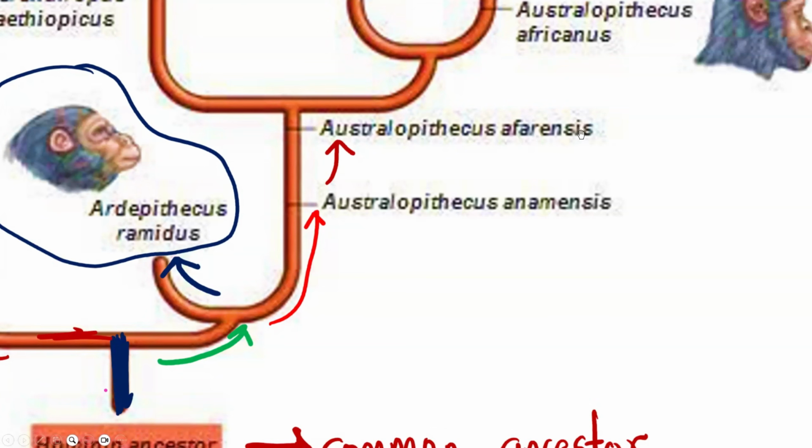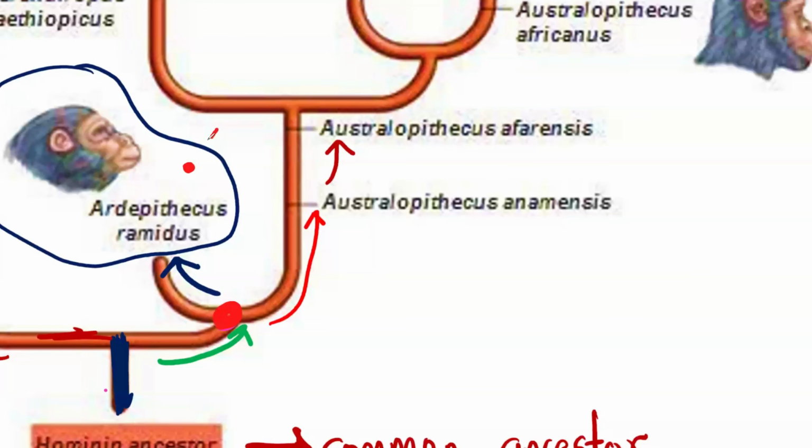When you look at this particular scenario, Australopithecus afarensis, you can see that it's coming from Australopithecus anamensis. You guys should use lines. You can use your pen or your crayon to trace the lines. We had a speciation event at this point, the one that led to the formation of Ardipithecus ramidus.